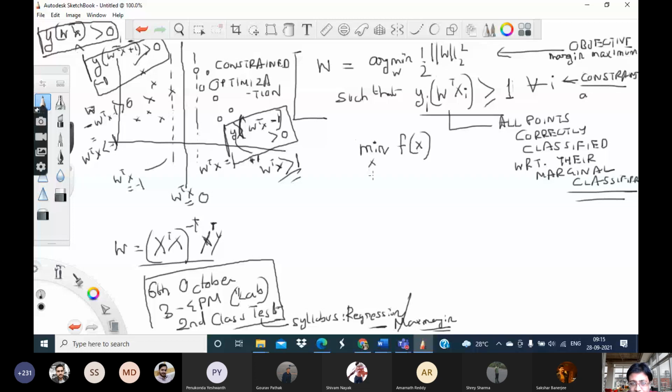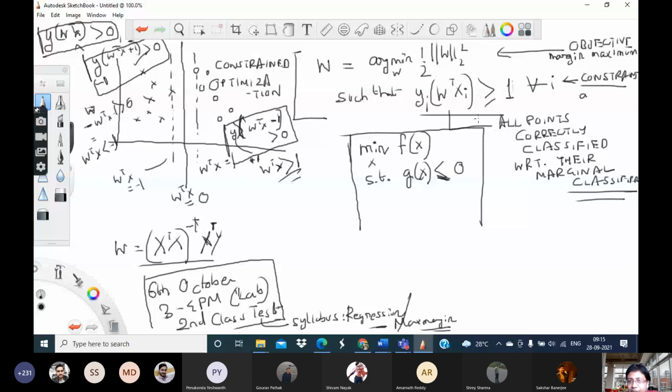I want to minimize it such that g(x) is less than or equal to 0. This is the standard form of a constraint optimization problem. Whenever I try to solve one, the first thing I have to do is bring it to the standard form.